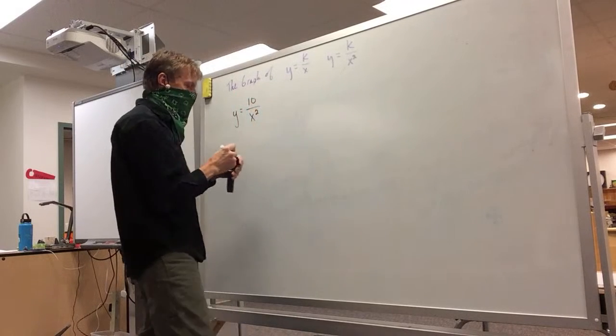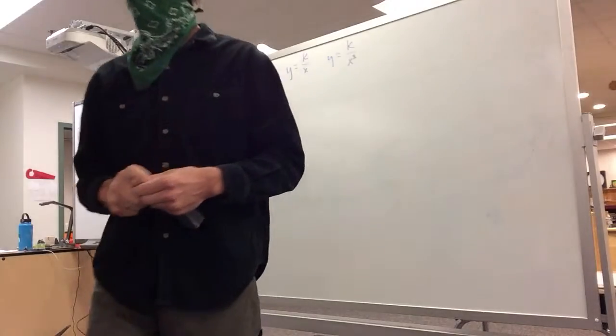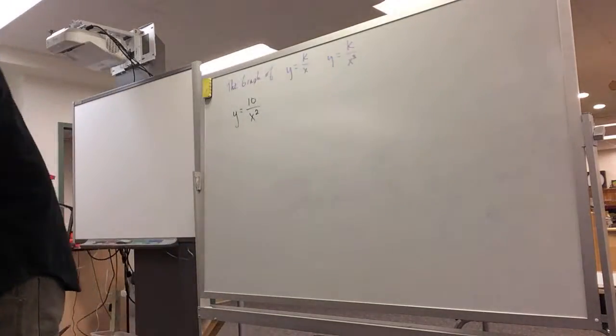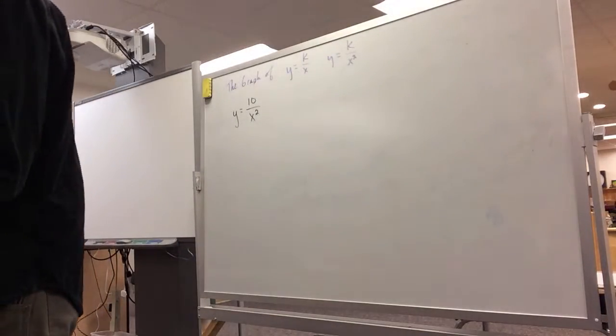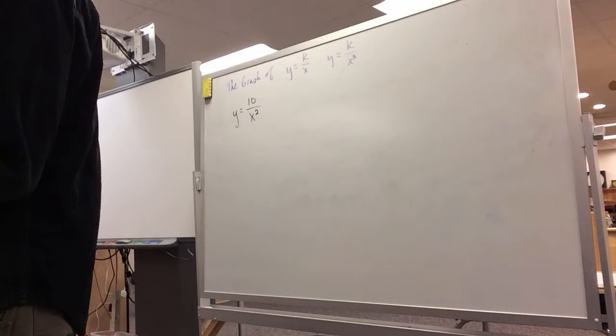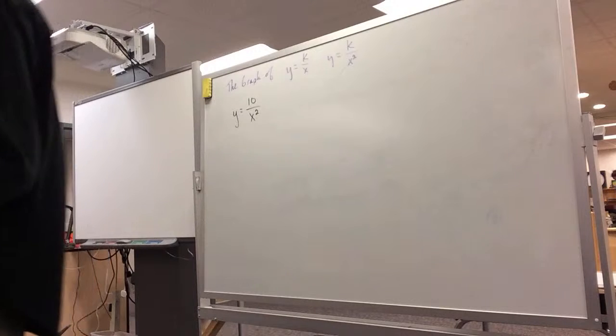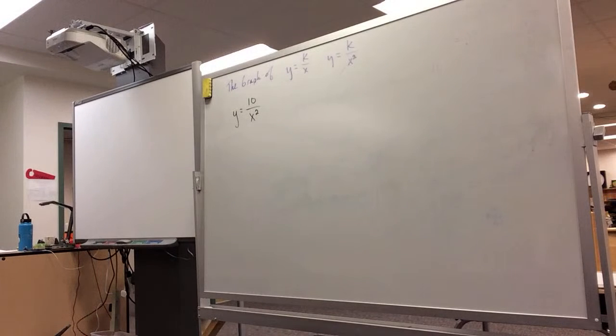When you do this, I think you can get away with just going into y equals and clearing things. I would clear them so you don't have these other things. It's going to be 10 divided by x raised to the second power.